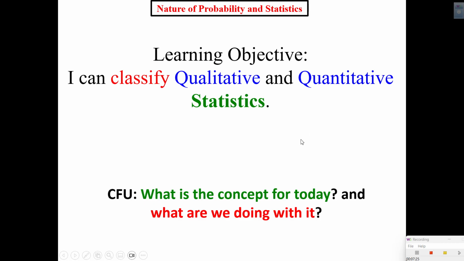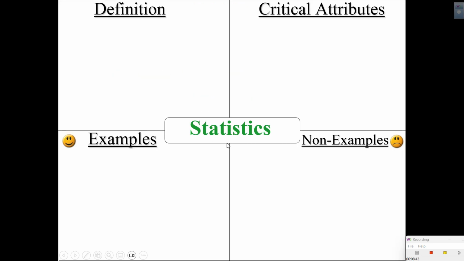All right, Gio, what is statistics? A science, yes. And what do we do? We collect data, organize it, we look through it, and at the end we come up with conclusions. We've been coming up with conclusions. All right, so we have that.